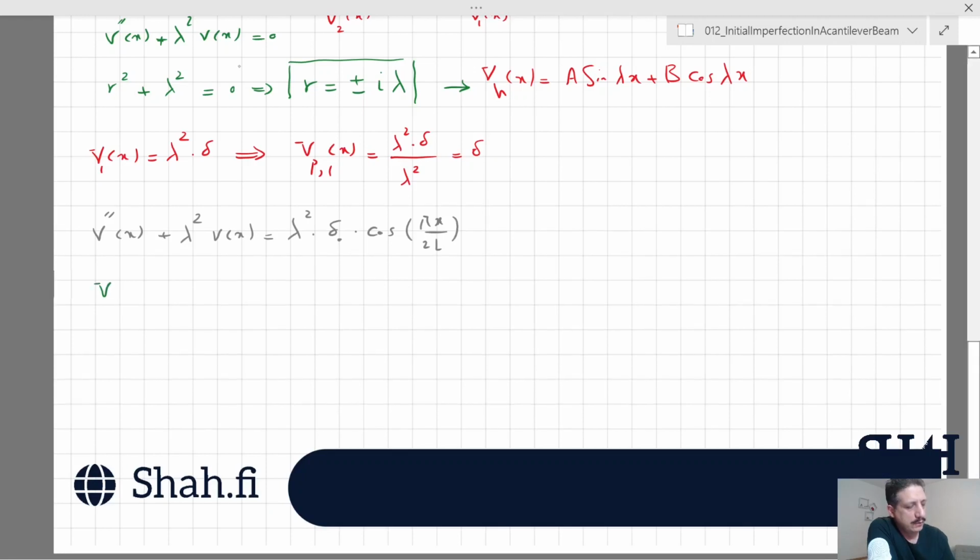So v particular 2 can be written as c1 cosinus pi x divided by 2l plus c2 sinus pi x over 2l. And we need to define the first and second derivative to substitute all in the main equation and find out c1 and c2.